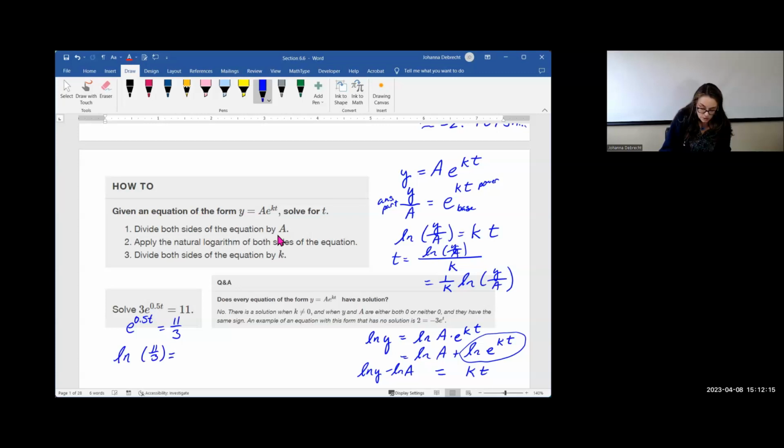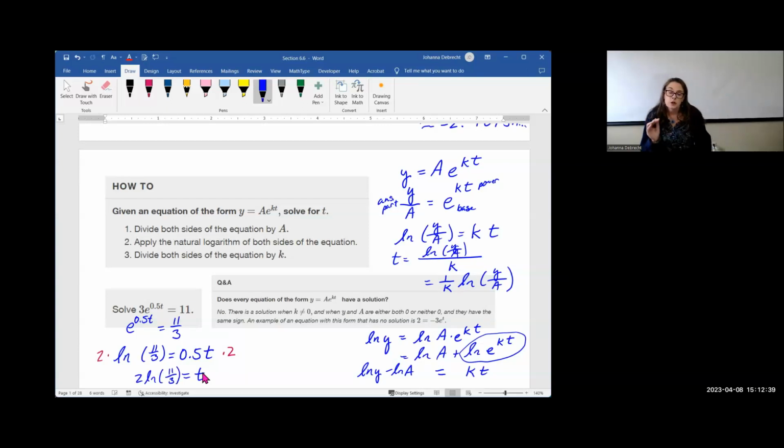And it equals the power, which was 0.5t. And then to solve for t, I need to multiply both sides of the equation by 2. And that then will finally give me that t is equal to 2 the natural log of 11 over 3.